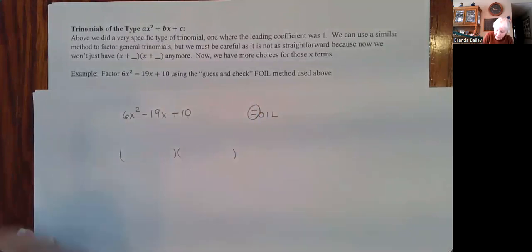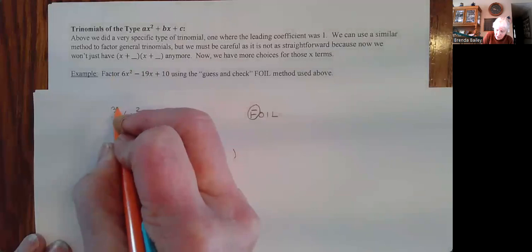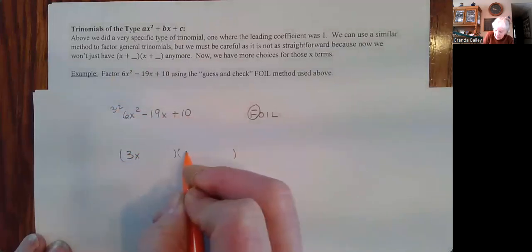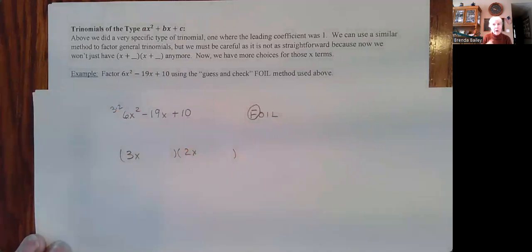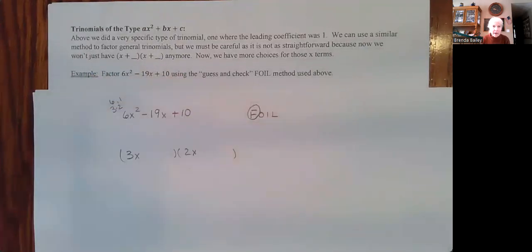Now here, there's a couple of things you could put. You could use a 3 times 2 to get the 6: 3x and 2x. When we guess and check, if it doesn't work, we may have to go to the 6 and the 1, 6 times 1, to get the 6 and put 6x and 1x.